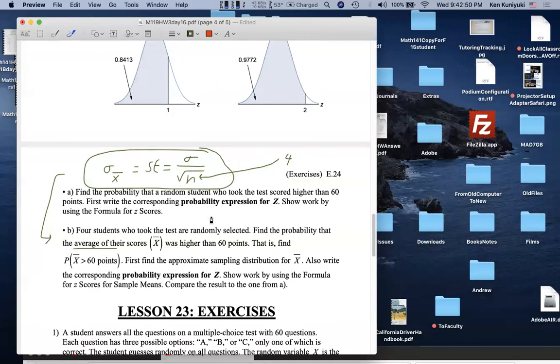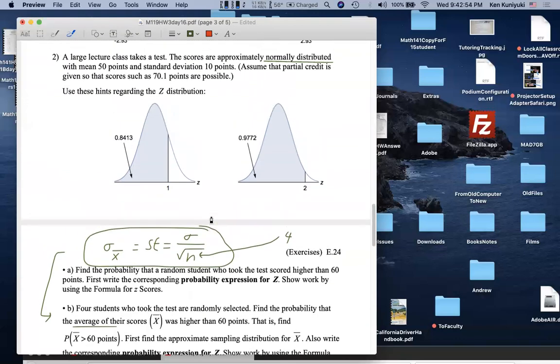I get 0.8413, I think. Right, but remember, it's the complement of this. It's this right tail here, so you want one minus that. I copied down the wrong number. Oh, okay, I see. Thank you. You're welcome.